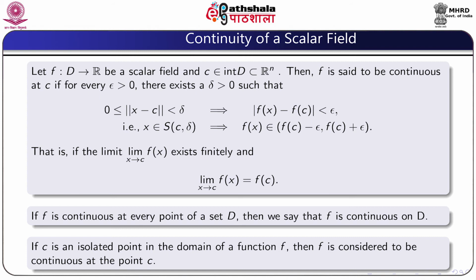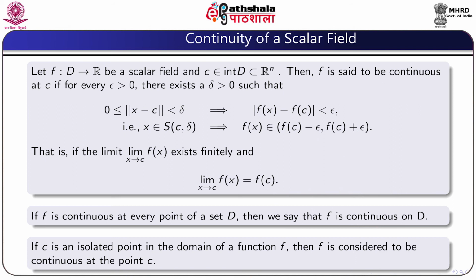That is, whenever x belongs to the open sphere S(c, delta), we have f(x) belongs to the open interval f(c) minus epsilon, f(c) plus epsilon. That is, we say f is continuous at the point c if and only if the limit of f(x) as x approaches c exists finitely and its value is f(c).